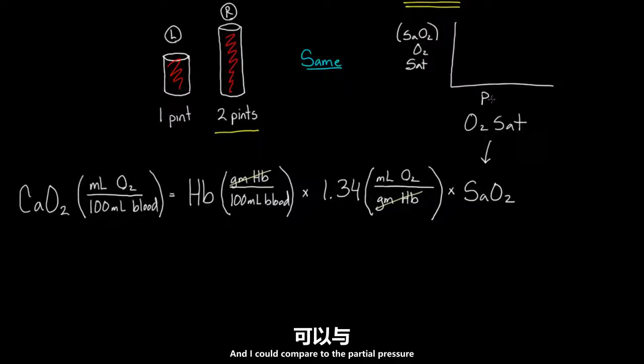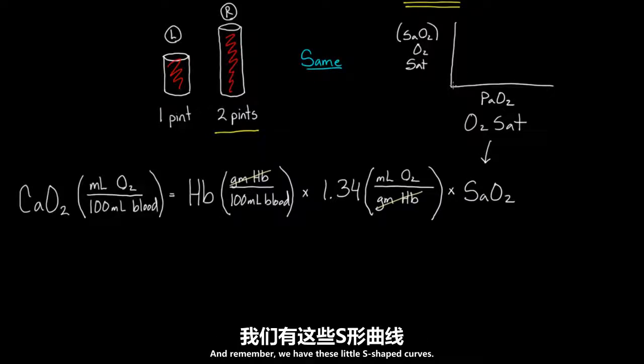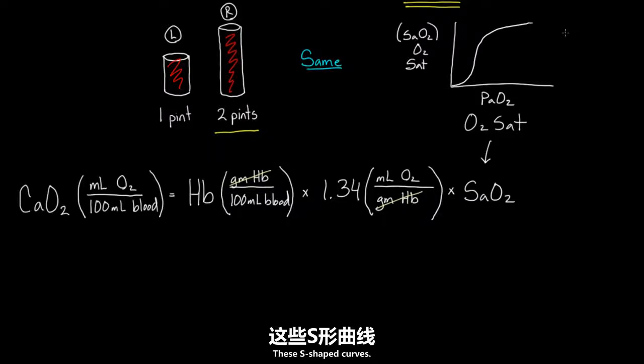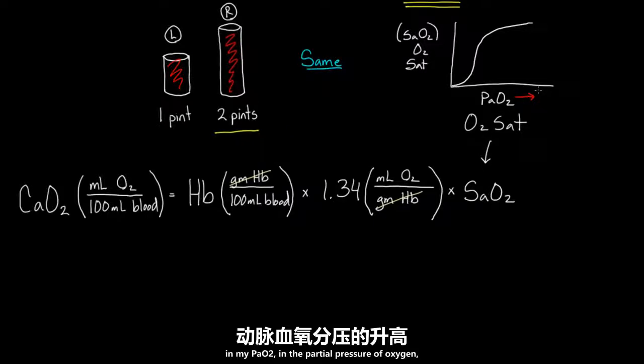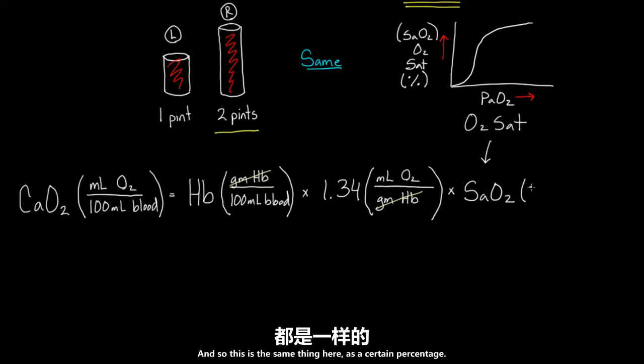And I could compare it to the partial pressure in the arterial side of oxygen. And remember, we have these little S-shaped curves, right? All I want to point out is that for any increase in my PaO2, in the partial pressure of oxygen, I'm going to have an increase in the O2 saturation. So there's an actual relationship there, and we usually measure this in percentage, right? Percentage of oxygen that is bound to hemoglobin. And so this is the same thing here, as a certain percentage.